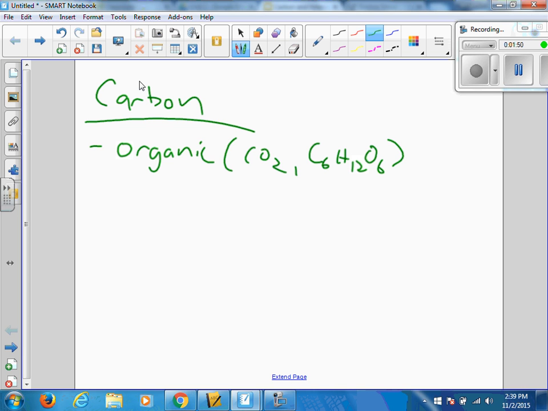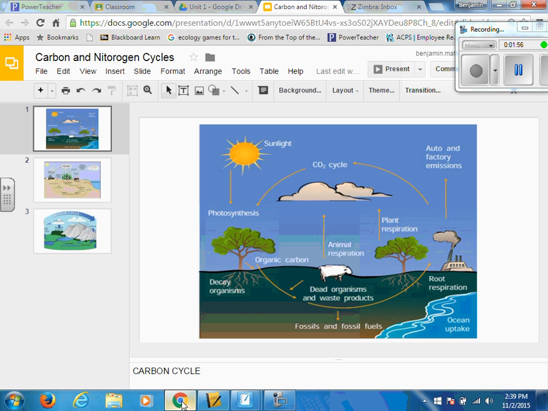And the other thing we want to look at when we're studying the carbon cycle is that carbon is found everywhere. I mean, we find carbon in the atmosphere, we find it in the ground, we find it in water, we find it in living things. And that's one of the things that makes carbon unique, and some of the other chemicals unique, is that we find it in all living things.